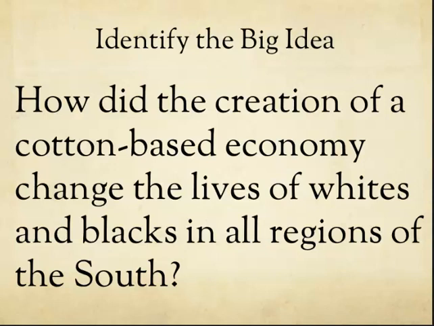We talked about the impact on slaves and what it was like to be a white person down in the South during these times. We talked about how Africans tried to normalize their lives a little bit by creating families and those social structures. So we have all these different things to think about and to ponder as we think about how the creation of a cotton-based economy changed the lives of whites and blacks in all regions of the South.